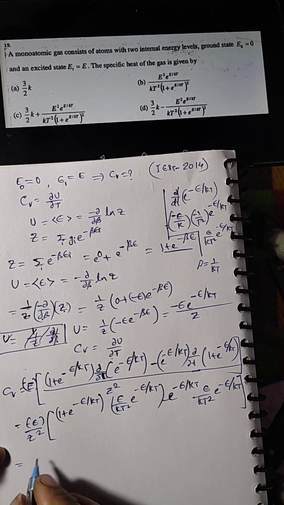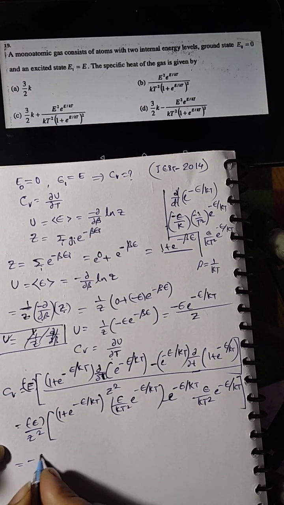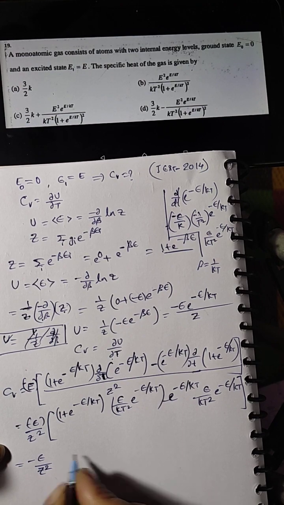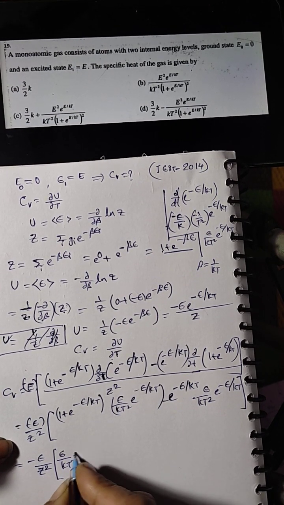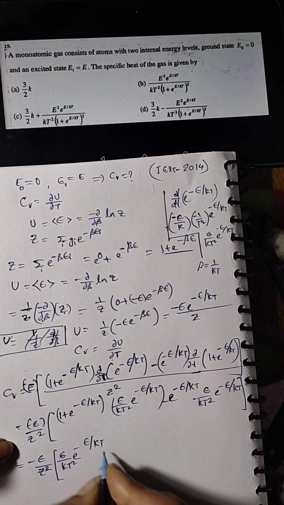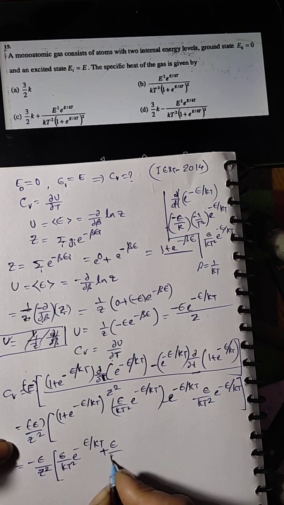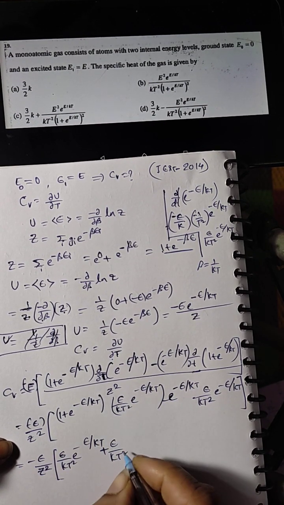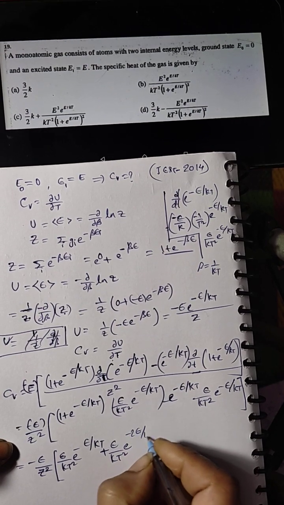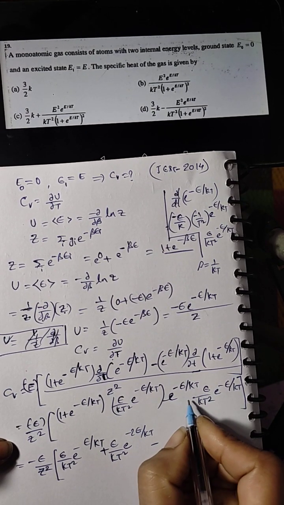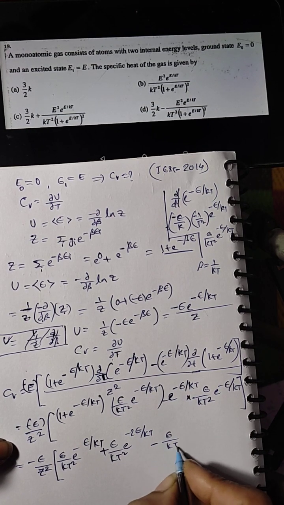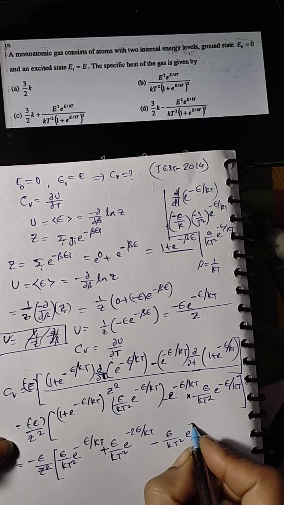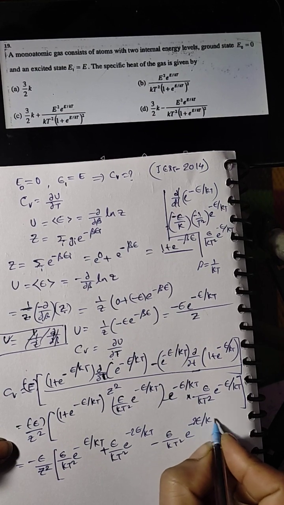Now multiplying inside, we get E by Z square times E by kT square e power minus E by kT plus E by kT square, 2 times exponential minus 2E by kT.